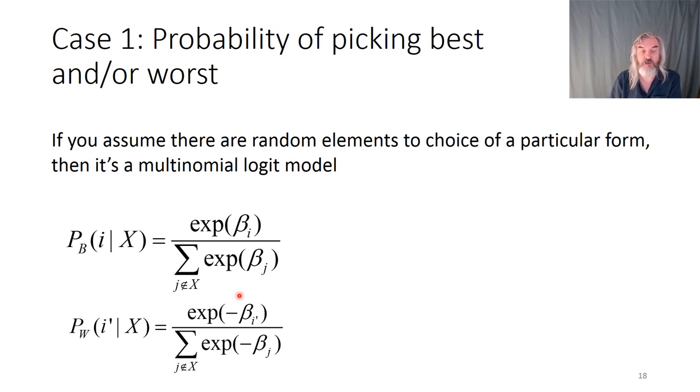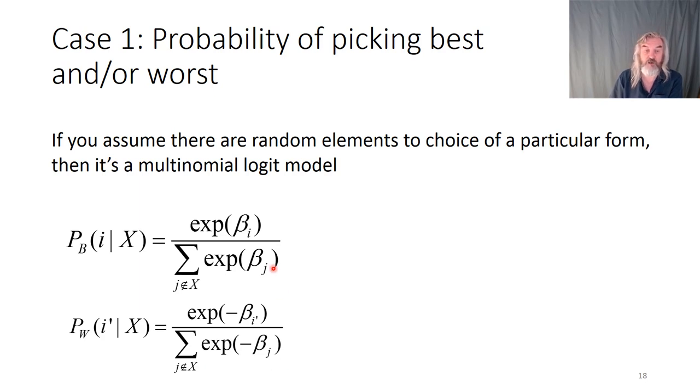What that indicates is that the probability of choosing something as worst is equivalent to choosing it as best if you just put a negative on all the utilities. So if it had the smallest utility in its default setting, if you multiply everything by -1, then effectively the worst now has the largest utility, and so this inverted structure for the worst works.